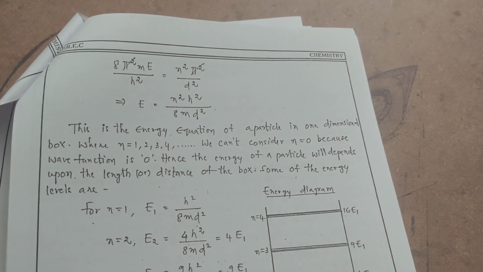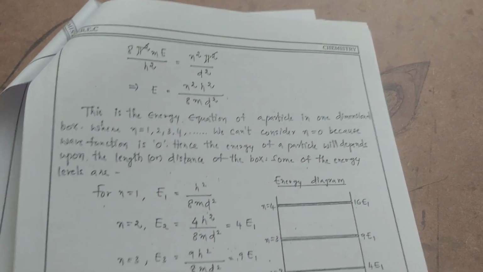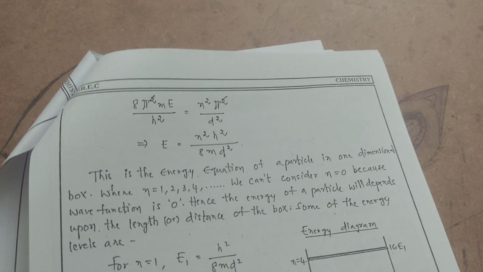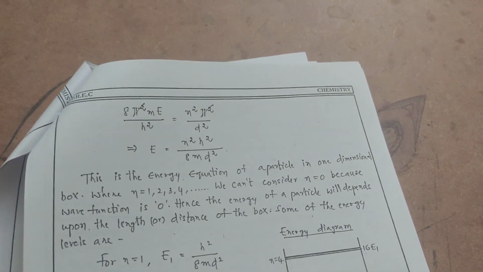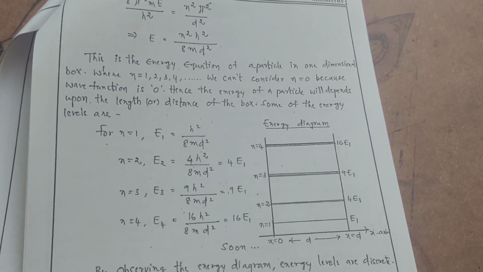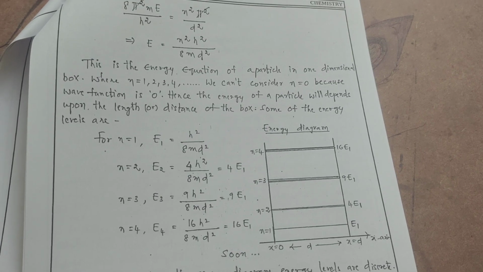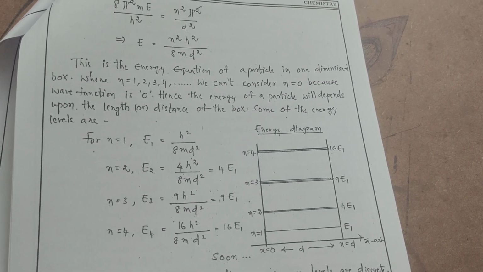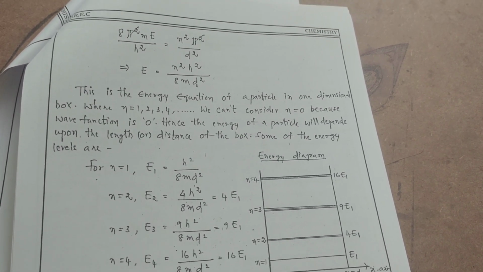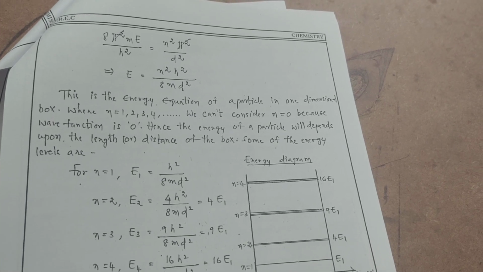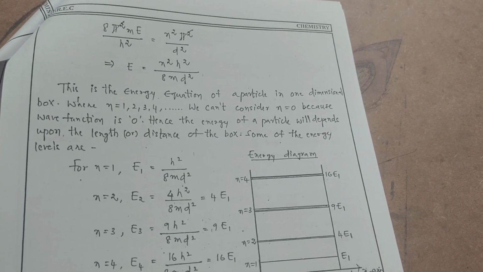Then n may be 1, 2, 3, 4, 5, 6 and so on. It may be any number. So we can't consider n equal to 0, because the wave function would be 0. As the wave function is 0, how can we consider n equal to 0?